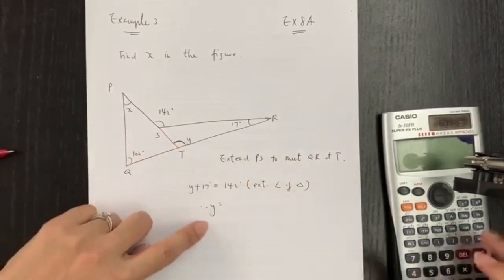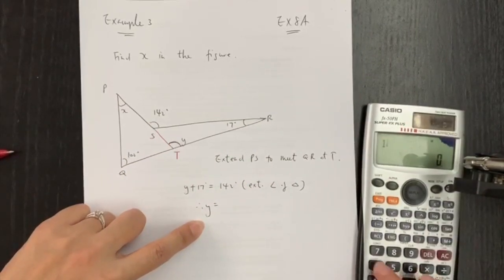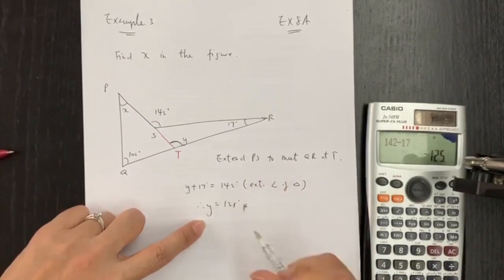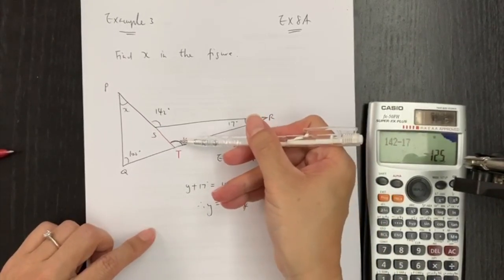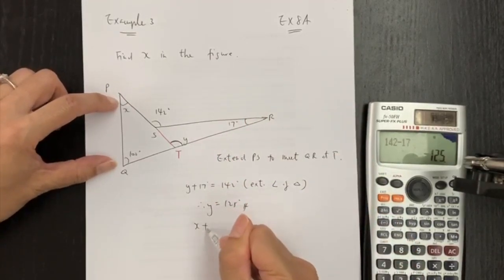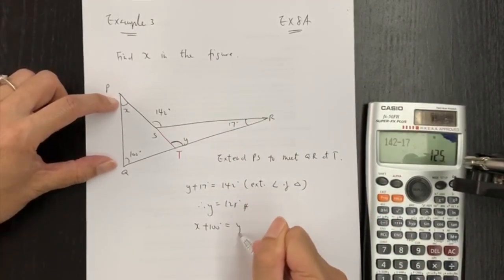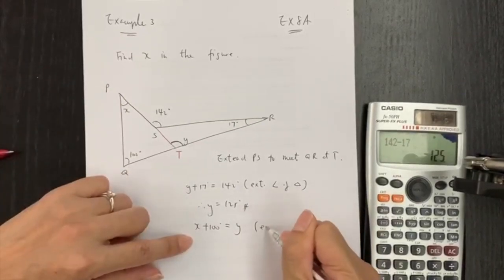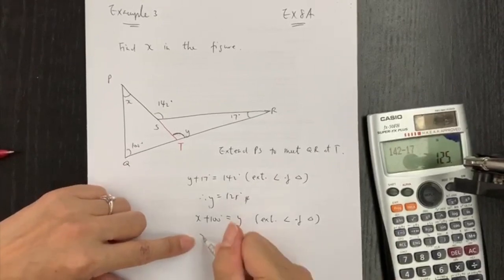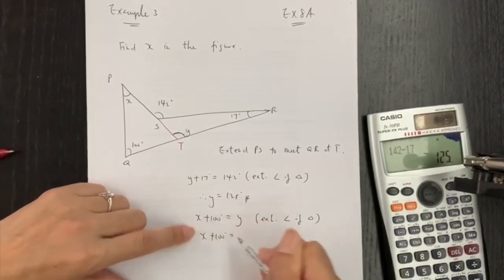Therefore, what is Y? My Y here is 142 minus 17, and that would be 125. Okay, so Y is here, and Y is the exterior angle of X and 100. So therefore, X plus 100 is equal to Y. And also the reference is exterior angle of triangle. All right, so X plus 100, and what is Y?